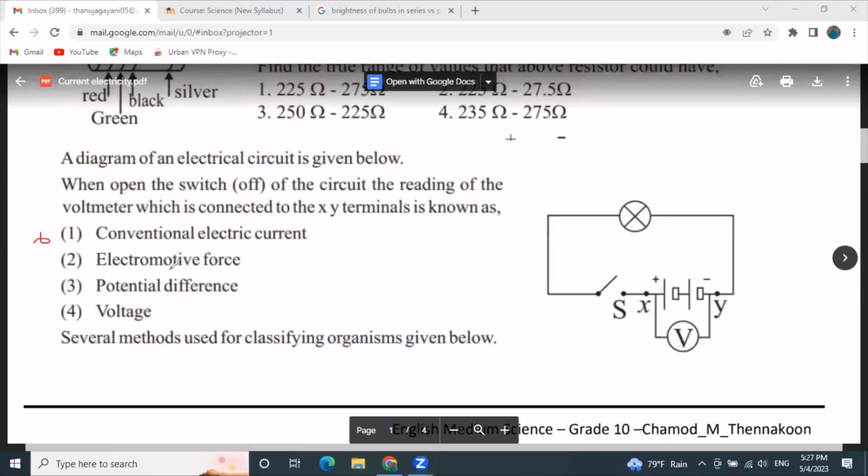Second one, electromotive force. What's electromotive force? Electromotive force means, in an electric cell, the force exerted by the negative terminal to release electrons.